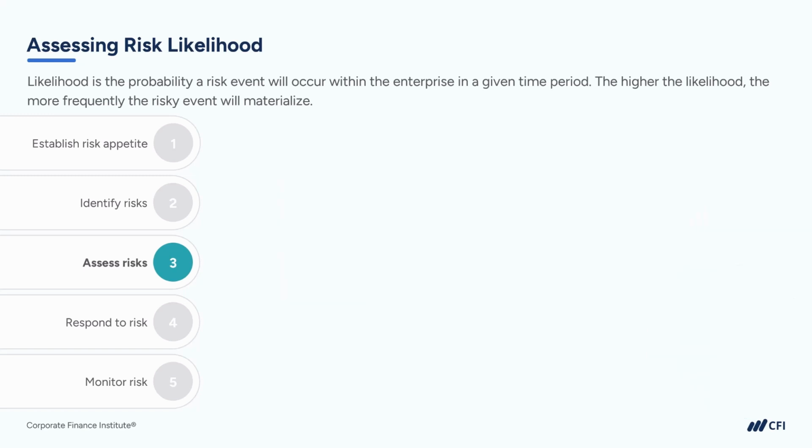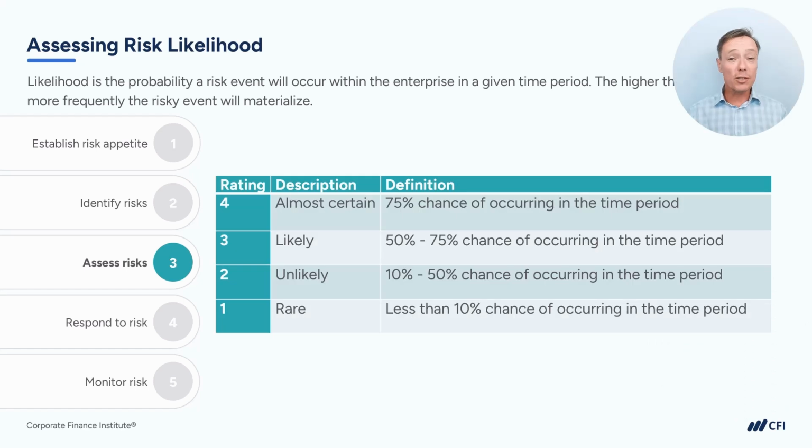Here's another illustrative example. This time, the definition is using a quantitative scale. In this example, an event that may only have a 10% likelihood of occurring over a given time period, perhaps 2 years, might mean a bank considers that event a rare event, and so it assigns it a low rating of 1.